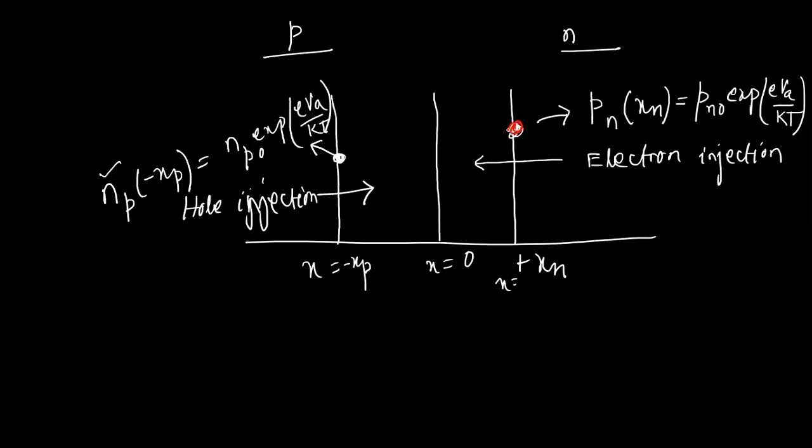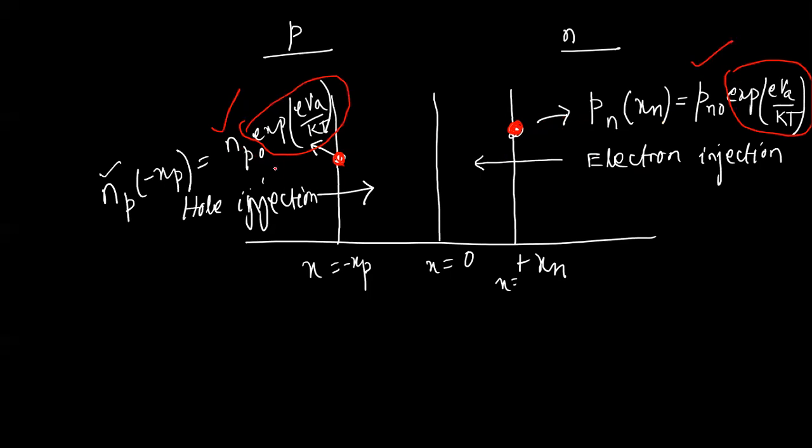You can see the factor exponential of eVa by kT is the same in both cases, but you got np0 here, which is the electron concentration in the p region, and this is the hole concentration in the n region. So pn0 and np0 are different, so we put two different heights just to show the concentrations are different.